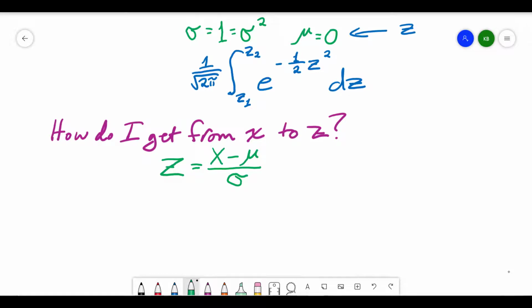So anytime I'm looking for a z variable, I can just plug it in here. And what this does is it normalizes my mean to 0 and my standard deviation to 1.